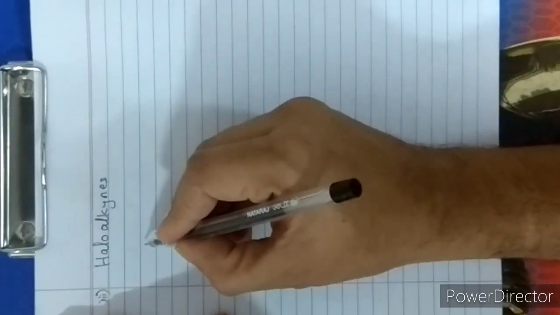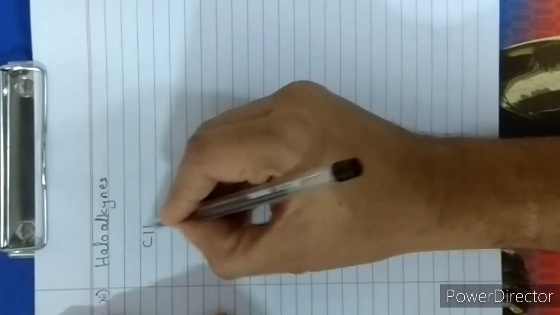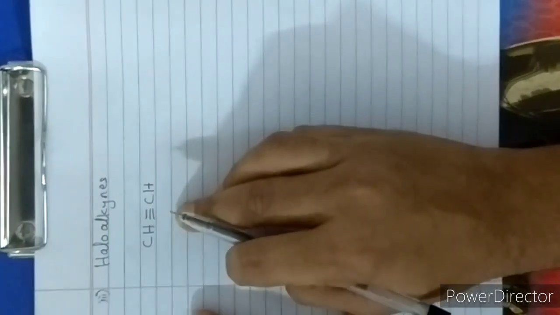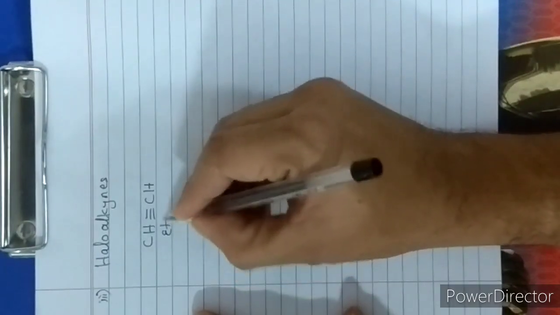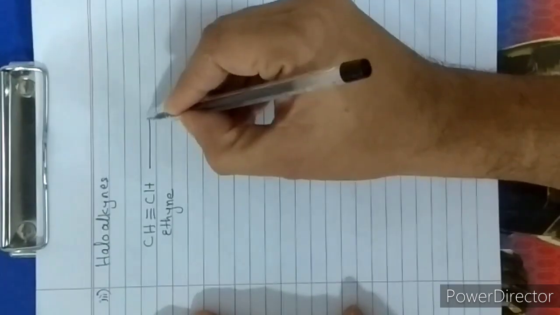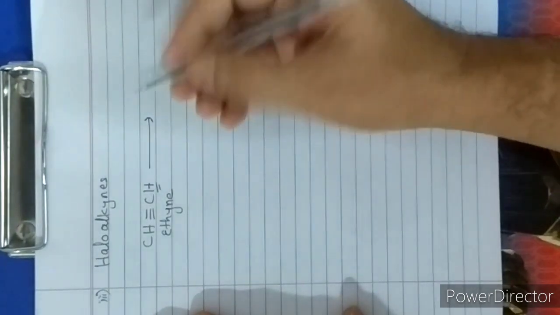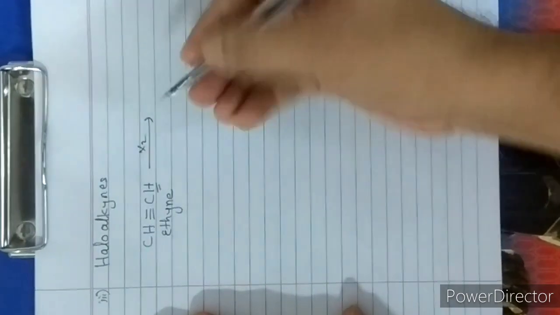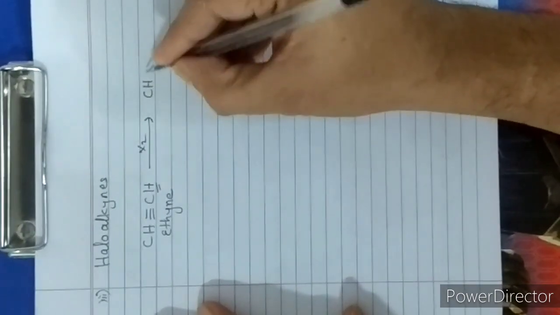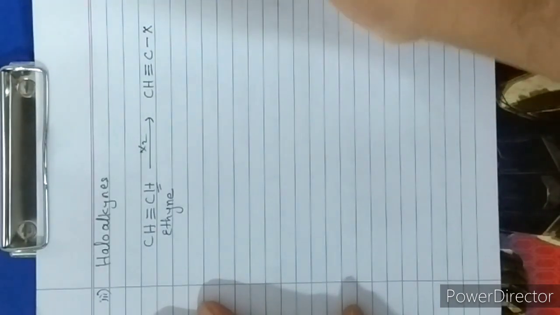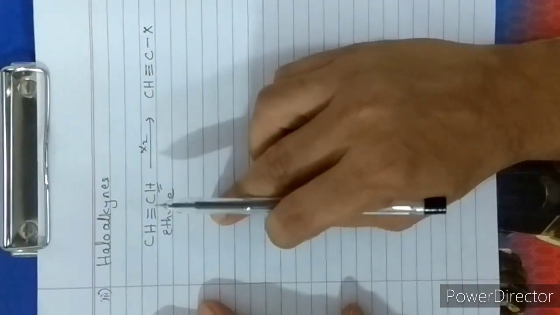Same way, I take alkyne, CH≡CH. This is ethyne, or we also call it acetylene. Now in ethyne, again one of the hydrogens is replaced by some halogen, right? Suppose I write X, CH≡CX. This will be called haloalkynes.